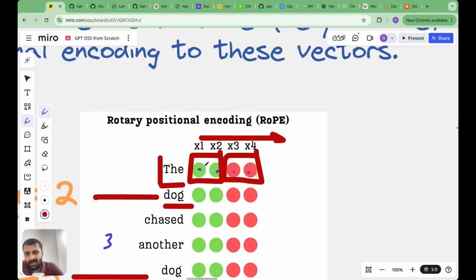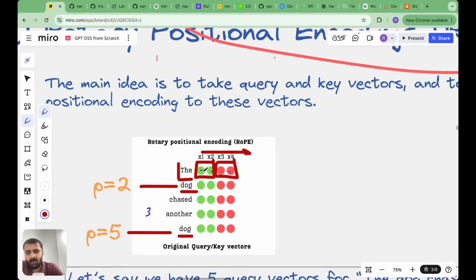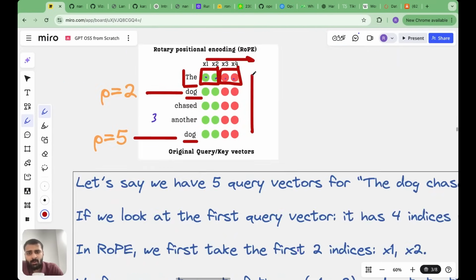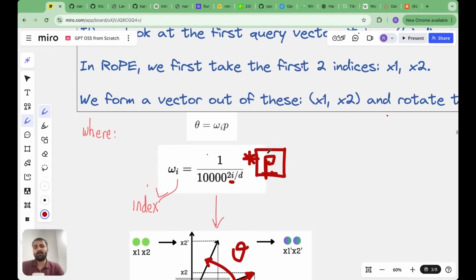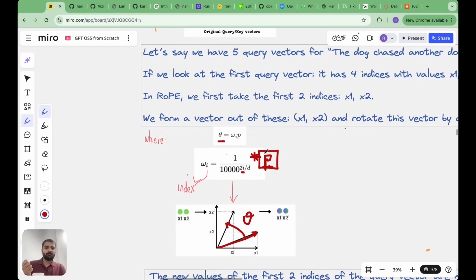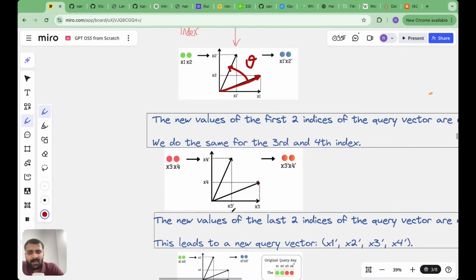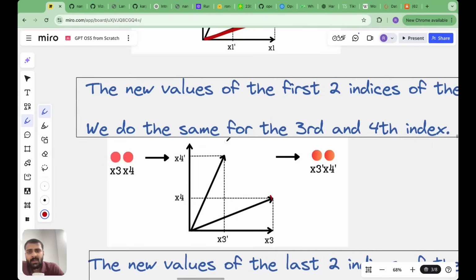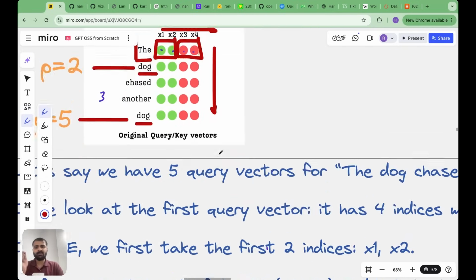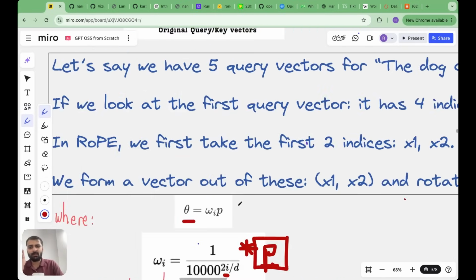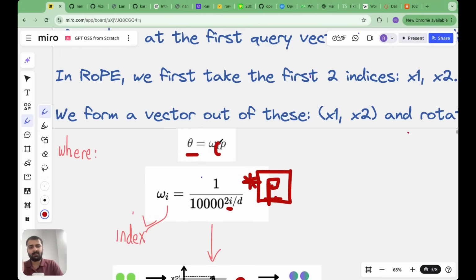The earlier indices will be rotated by a larger amount. Similarly, the deeper you are in terms of position, the more you will be rotated, because theta directly depends on position value. So x1, x2 is rotated by theta, x3 and x4 is also rotated. And remember, the amount of rotation of x1, x2 and x3, x4 is not the same because their index actually differs.